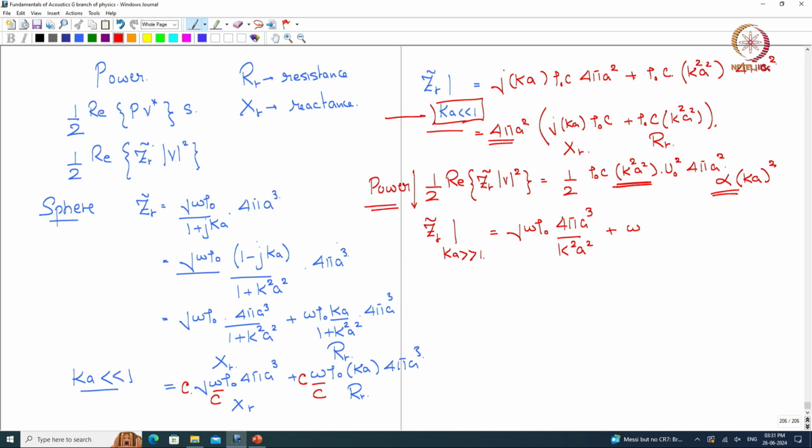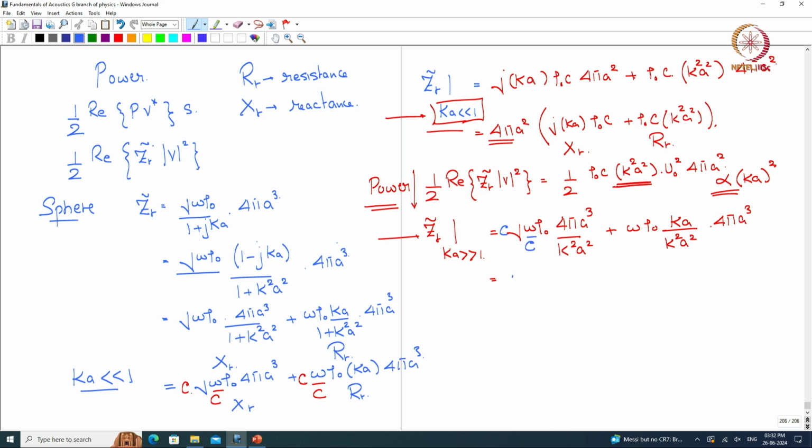so it becomes an inefficient radiator for this condition. On the other hand, when we have this condition, I have this plus omega rho 0 Ka by K square a square 4 pi a cube, and you can keep it like that, multiply by c, divide by c.